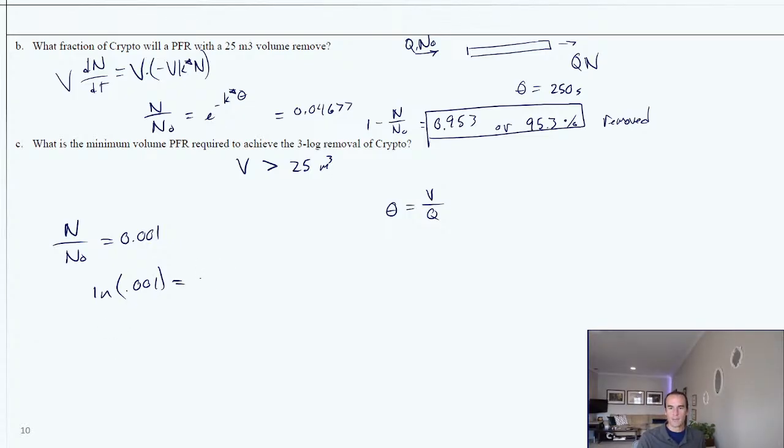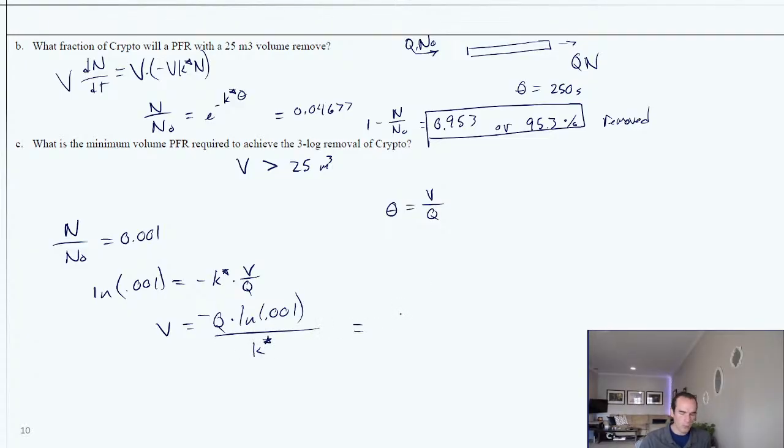We can get rid of that by simply taking the natural log of both sides, and then we get the natural log of 0.001 equals negative K star, which we know, times our theta, which is V over Q. So we can solve for V. We'll divide both sides by the negative and the K, and multiply both sides by the Q. So we can get V equals negative Q times the natural log of 0.001 divided by K star, which we solved earlier.